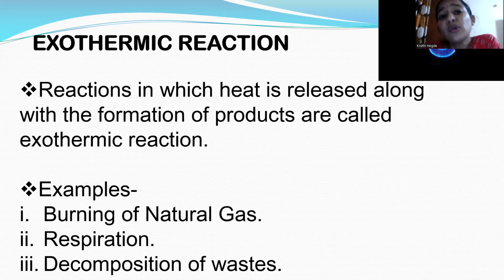When you pick them up, you will find that the bottom layers below the dried and decaying leaves are hot, because during decomposition of any waste, it will produce heat. So it's called an exothermic reaction. So these are the other examples of exothermic reaction.